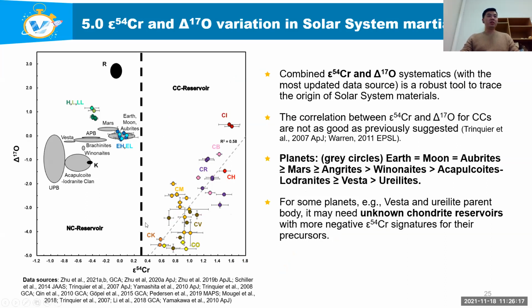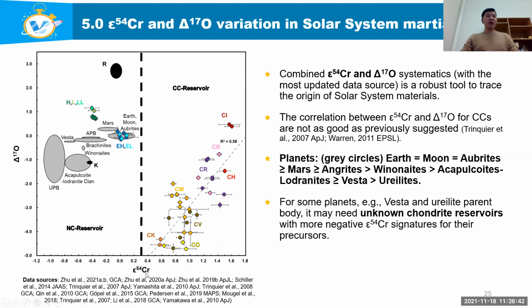Okay, this figure combines the epsilon 54 chromium isotopes and the mass-independent oxygen isotopes. We can see that different solar system materials formed at different regions for these two isotope indexes.